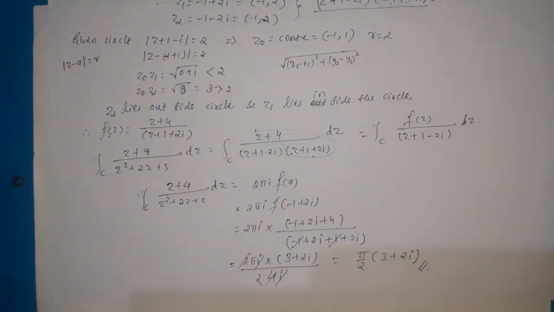So whenever the point lies outside the circle, we are not going to find the value of the integral at those points, so those points must be included in f of z. Remember that point, that it is only when the point lies outside the given circle.